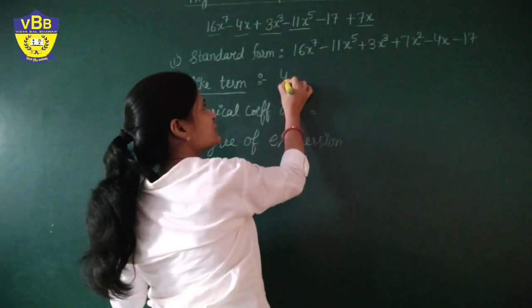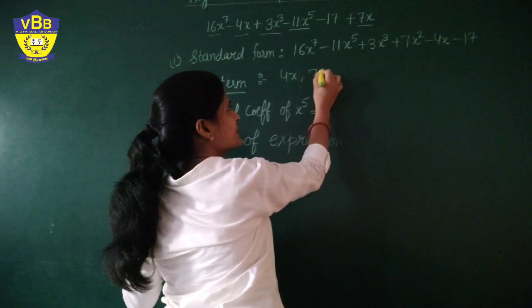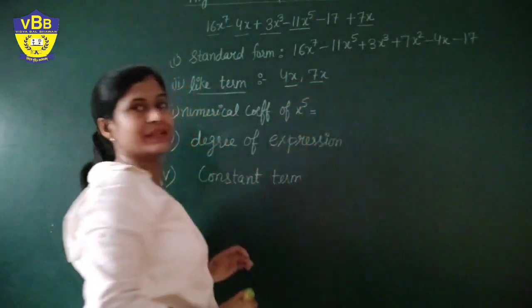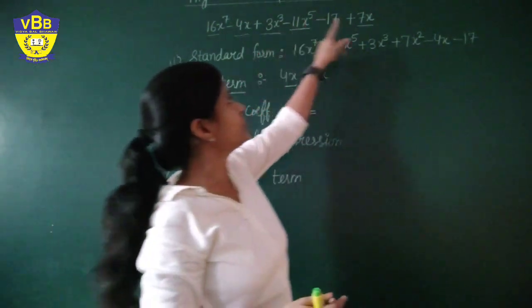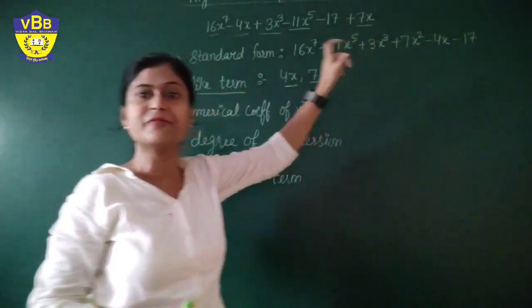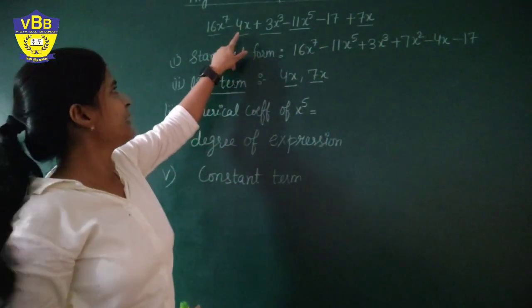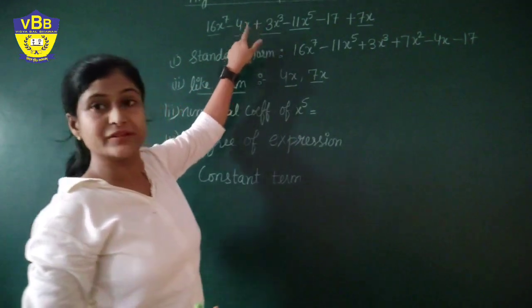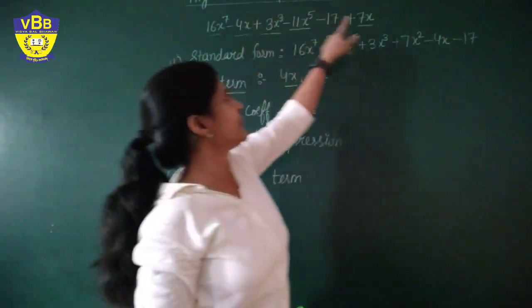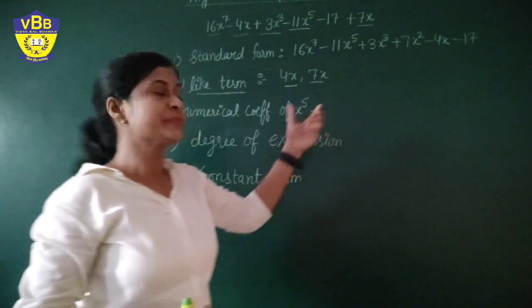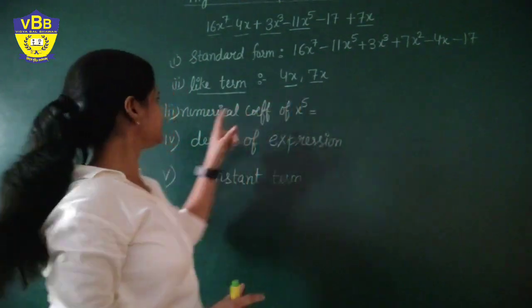So 4x and 7x are the like terms. We ignore the coefficient because they have the same variable and the same degree, so these are called like terms.